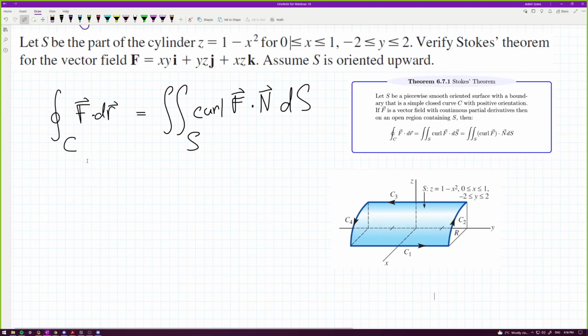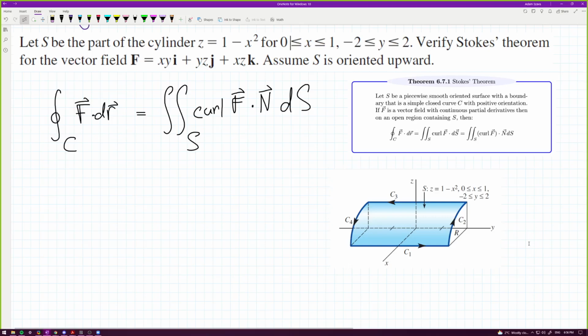So C is the boundary curve here. What you want is to be able to do the line integral on that boundary, but since it's piecewise, what's the word? Not continuous. Piecewise, there's a word I forget. Is it right here? Smooth oriented, piecewise smooth. There you go.